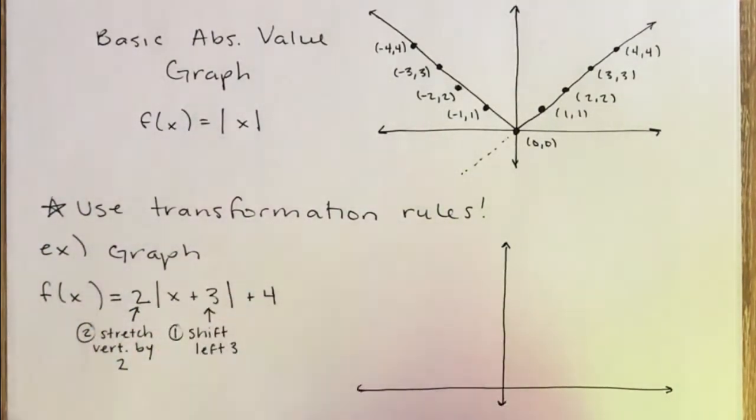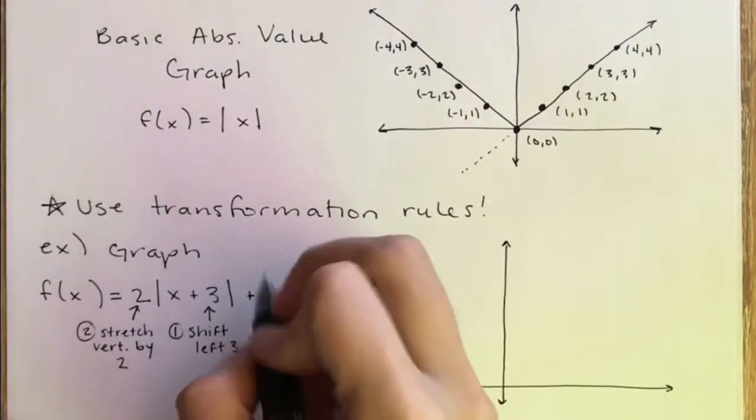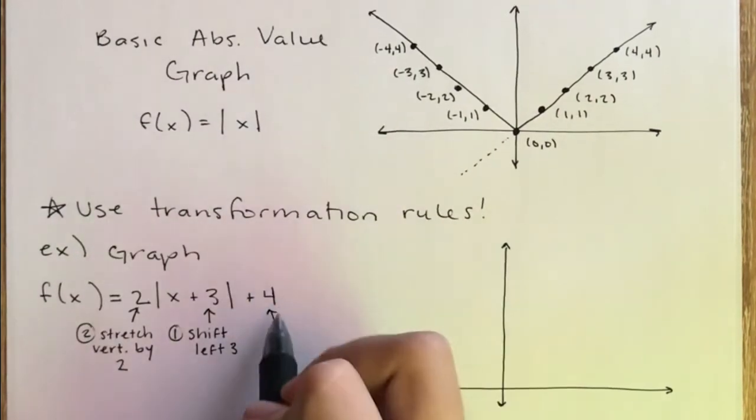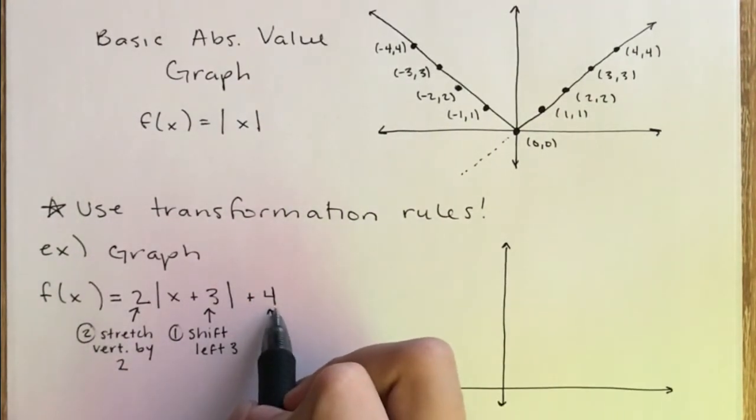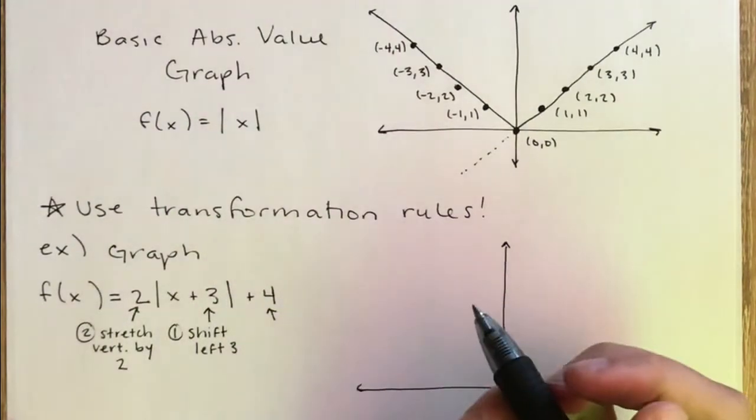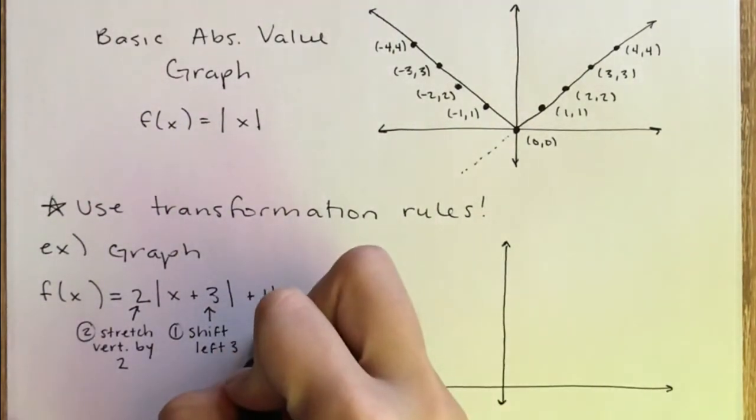Outside affects the y values, so that's vertical. And when it's outside, it's going to do exactly what we think it's going to do, so we're stretching by 2. Last guy, again, outside is y values, so adding 4 to every y value is just going to shift up by 4.